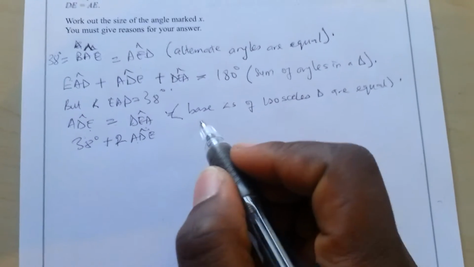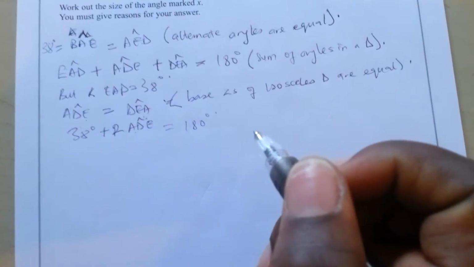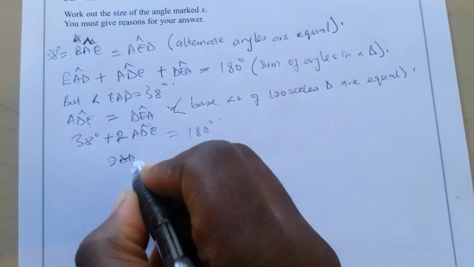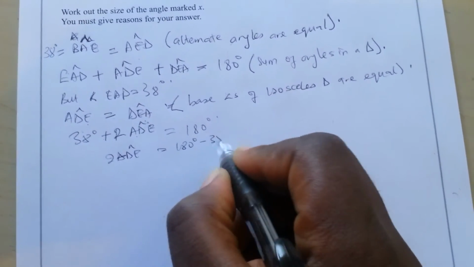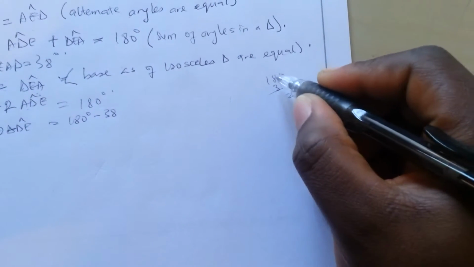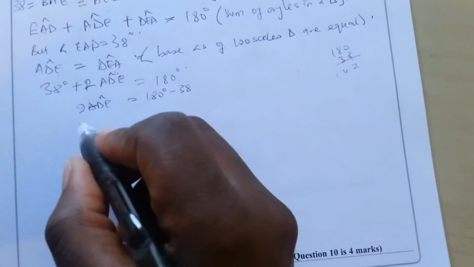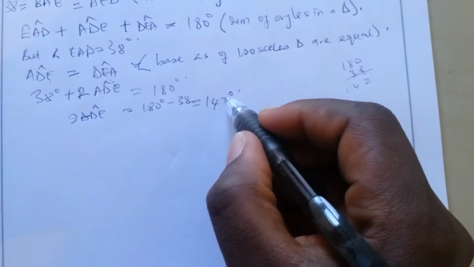Then it is equal to 180 degrees. Now 2 ADE will be equal to 180 degrees minus 38, and that will give us, let's solve that across. 10 minus 8 is 2, 7 minus 3 is 4, then bring down 1, so you have 142 degrees.